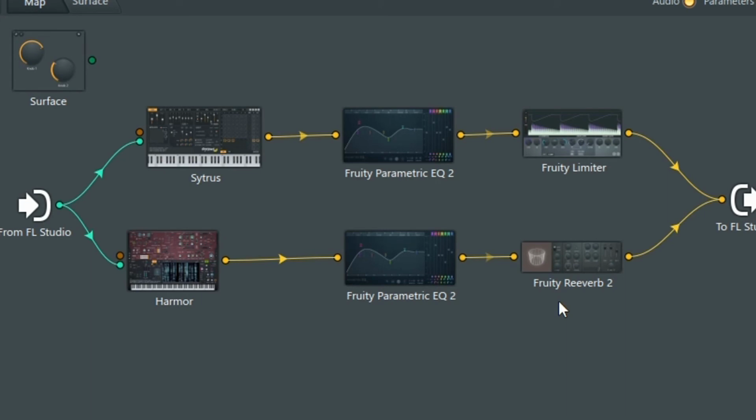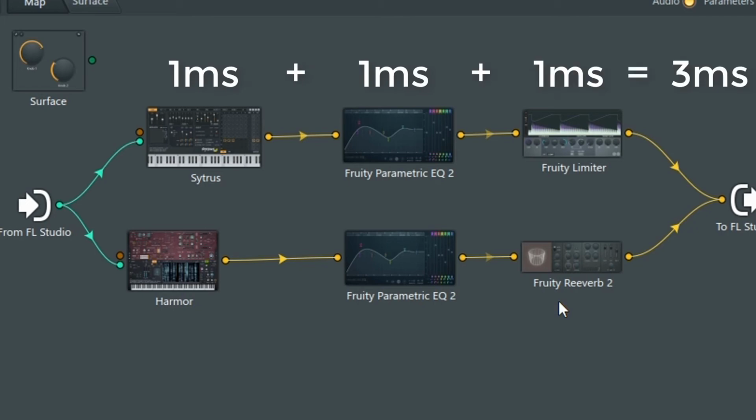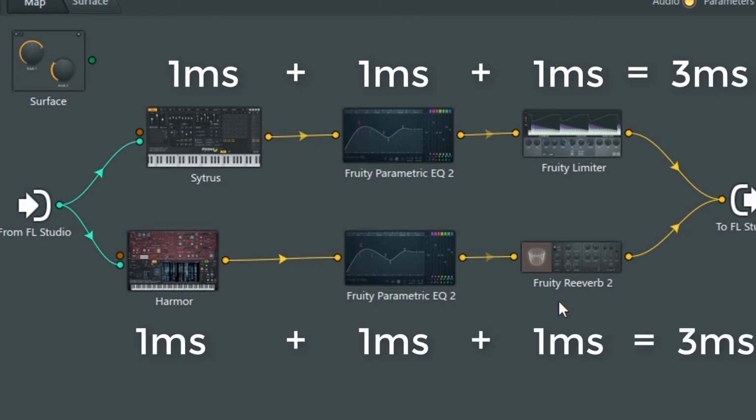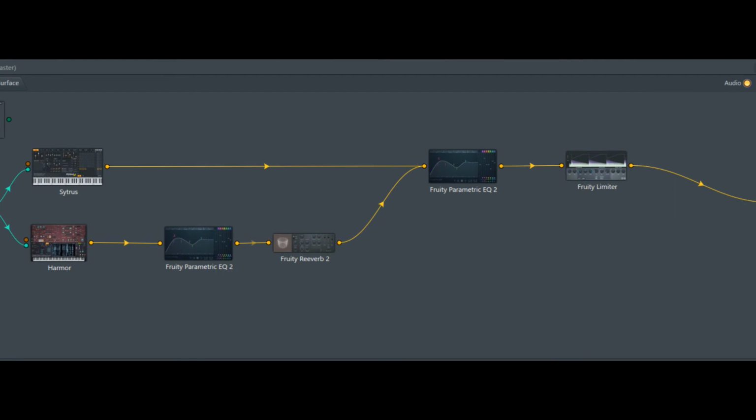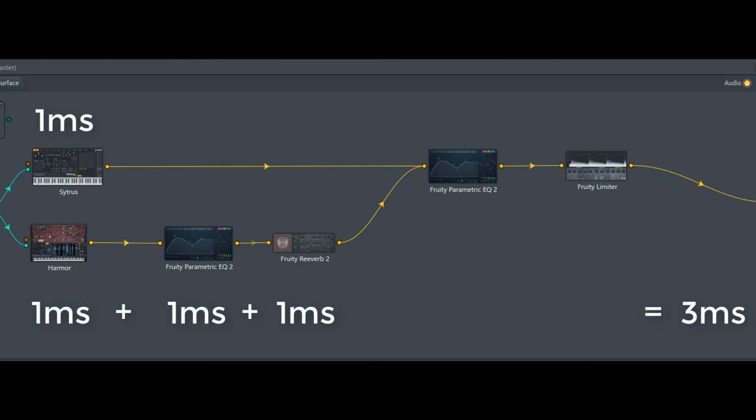The previous example would be perfect multithreading for two cores. 1 millisecond plus 1 plus 1 gives us 3 milliseconds on chain 1. And 1 millisecond plus 1 plus 1, 3 milliseconds on chain 2. In our last example, we got the same 3 milliseconds for chain 2. But on chain 1, we got now 1 millisecond for its own generator.